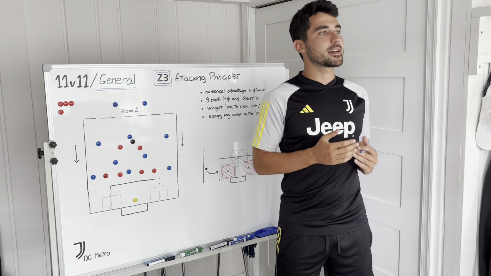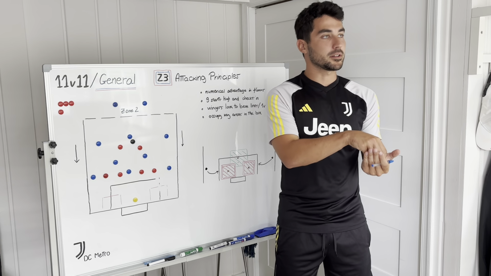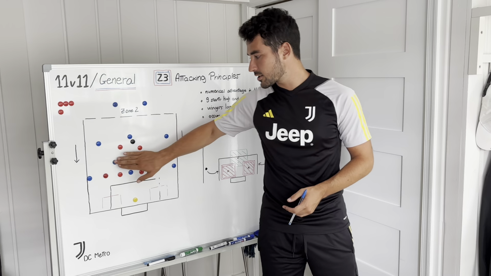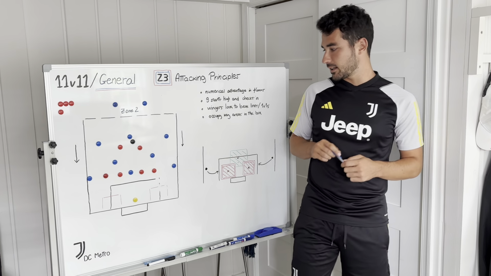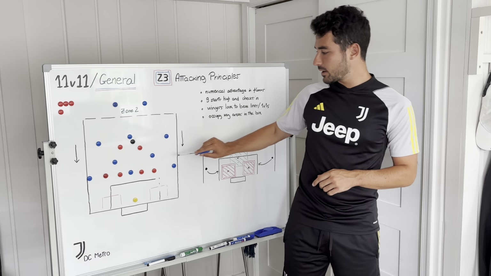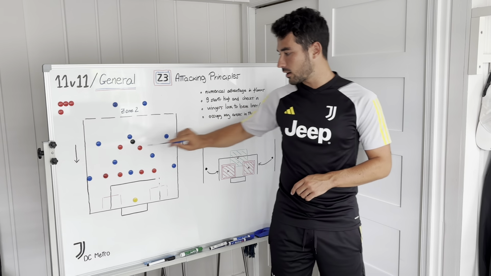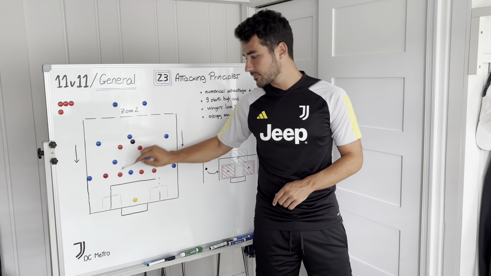Why containers? I use the word container because it is an image of something that needs to be filled. Let's go over the 5 containers or the 5 zones of positional play. We have the width. These are the 2 width containers, 1 and 2. We have the finishing and we have the half space.